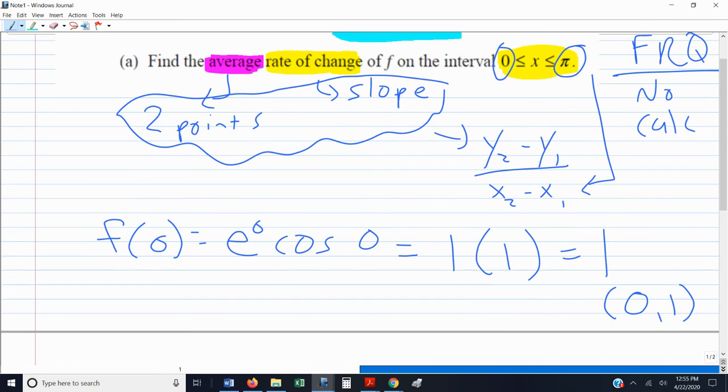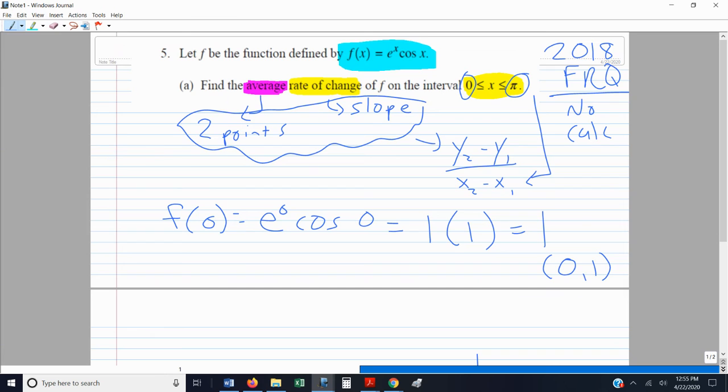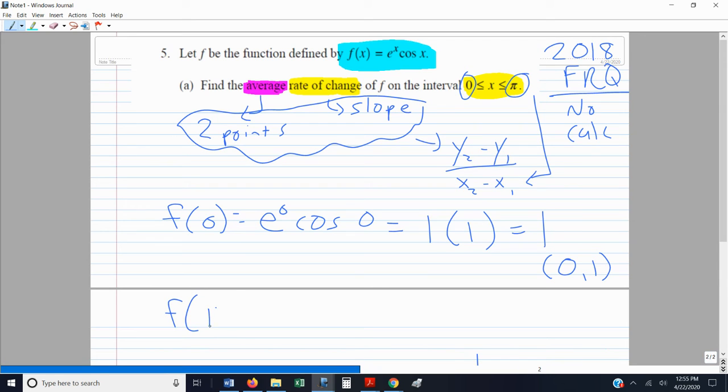We're going to do the same thing with pi. And I'm going to just zoom out a little bit. Okay, so for the second and final x value of pi, we're going to plug in pi. So plugging in pi to the original function, again, there's my really clear notation to show the reader what I'm doing.